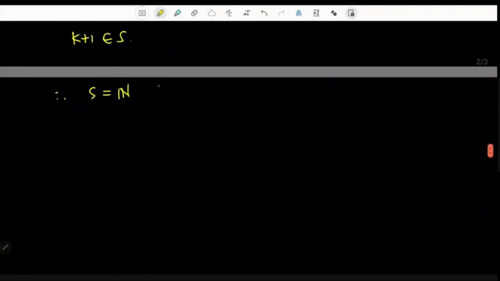That means equation 1 holds for all natural numbers n.